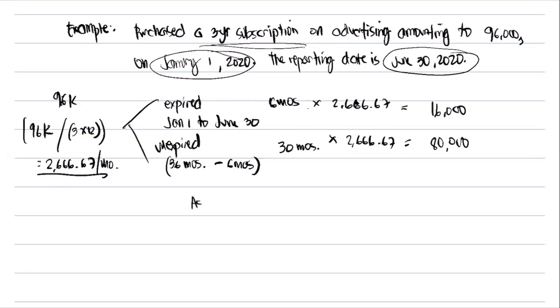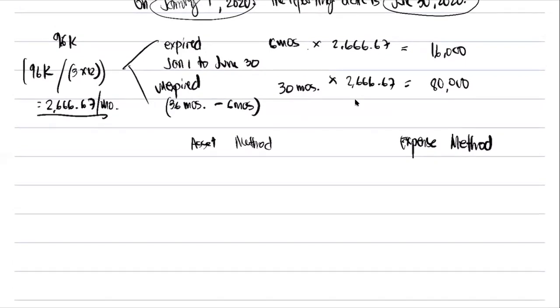So again, we have the asset method and we have the expense method. So we start first with your asset method. So what is our initial journal entry? Our initial journal entry is under asset, we need to recognize an asset.